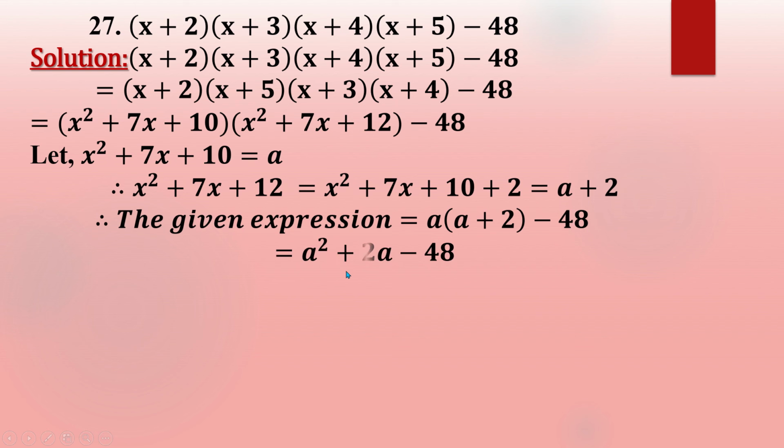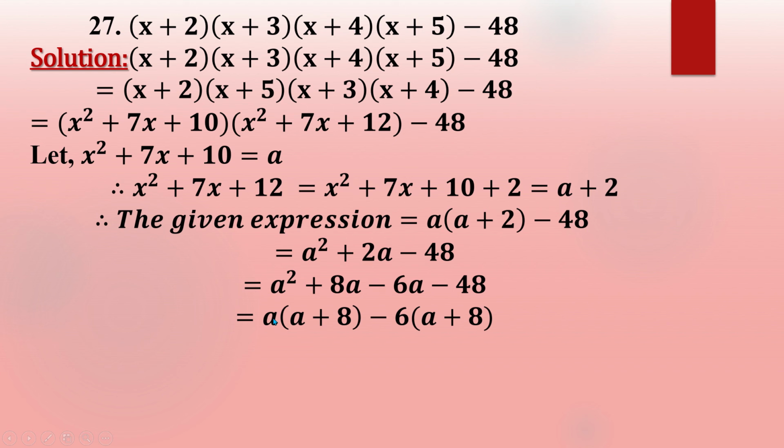And multiplying this will get a square plus 2a minus 48. Now the middle term, we can write this as a square plus 8a minus 6a, because after calculating, plus 8a minus 6a means plus 2a, and minus 6 and plus 8 makes minus 48, and a after multiplying will get a square. So the middle term breaking is correct.